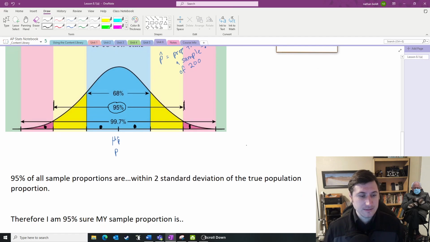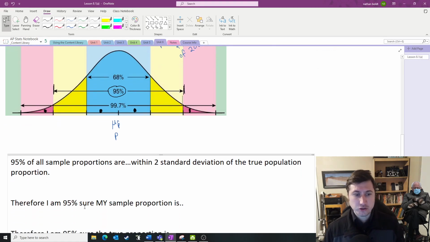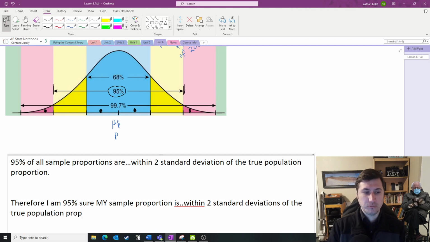Well, that means I am 95% sure my sample is within 2 standard deviations of the true population proportion. I might recommend copying and pasting these.